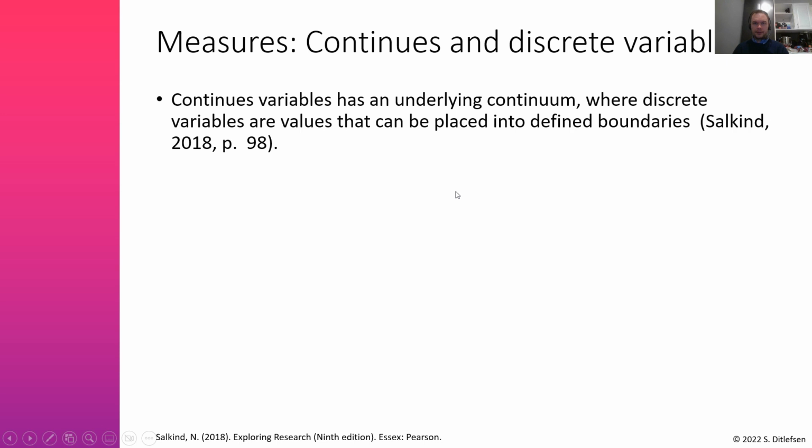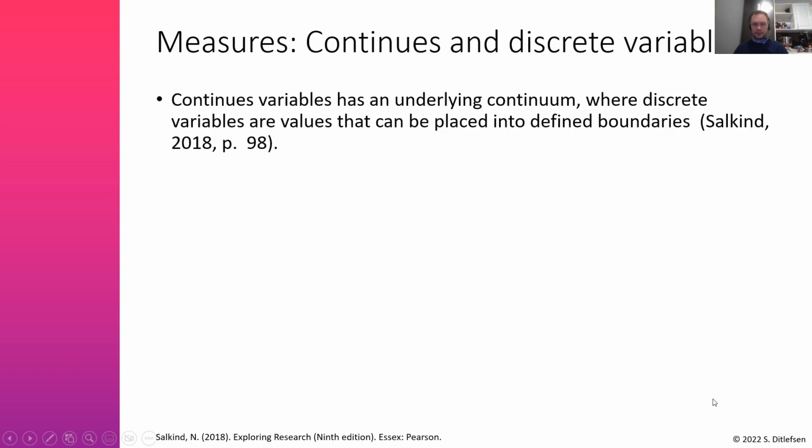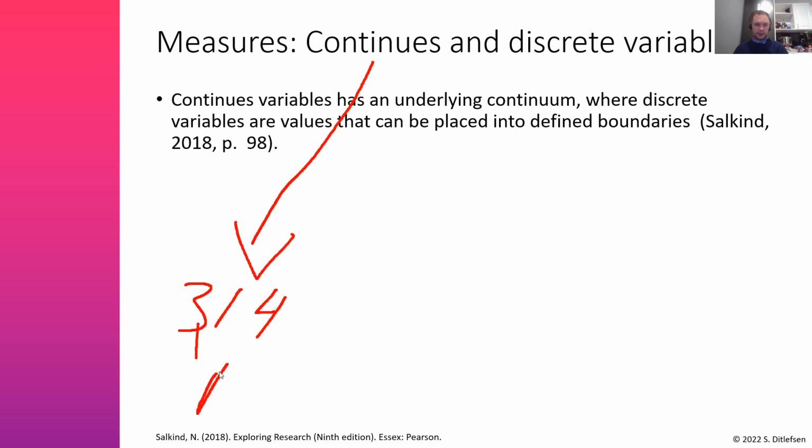Next one, continuous and discrete variables. So continuous variables have an underlying continuum, whereas discrete variables are values that can be placed in defined boundaries. Okay, whoa, it's kind of difficult. So let's take an example. Continuous first. If I draw this number here, 3.14, this is the number for pi. This goes forever, on and on and on. And on the other side, we have discrete variables, for example 1 and 0.